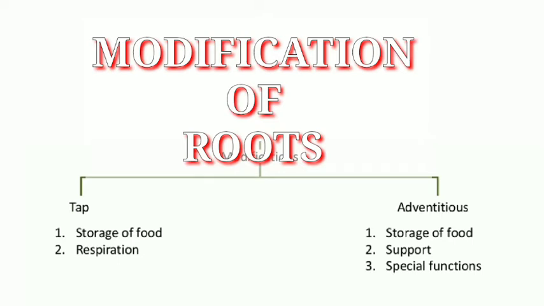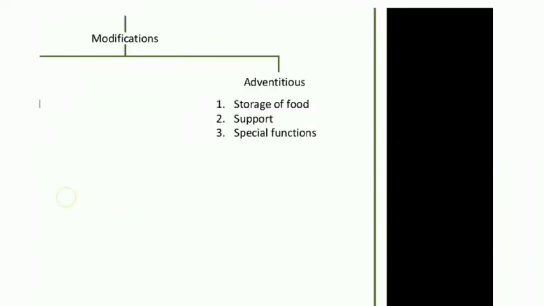But the modification of adventitious root is for three main functions: one is storage of food, next is mechanical support, and the third main purpose is to perform special functions. Here we will see one by one with the respective examples and details. Without wasting time, we shall move on to the next slide.